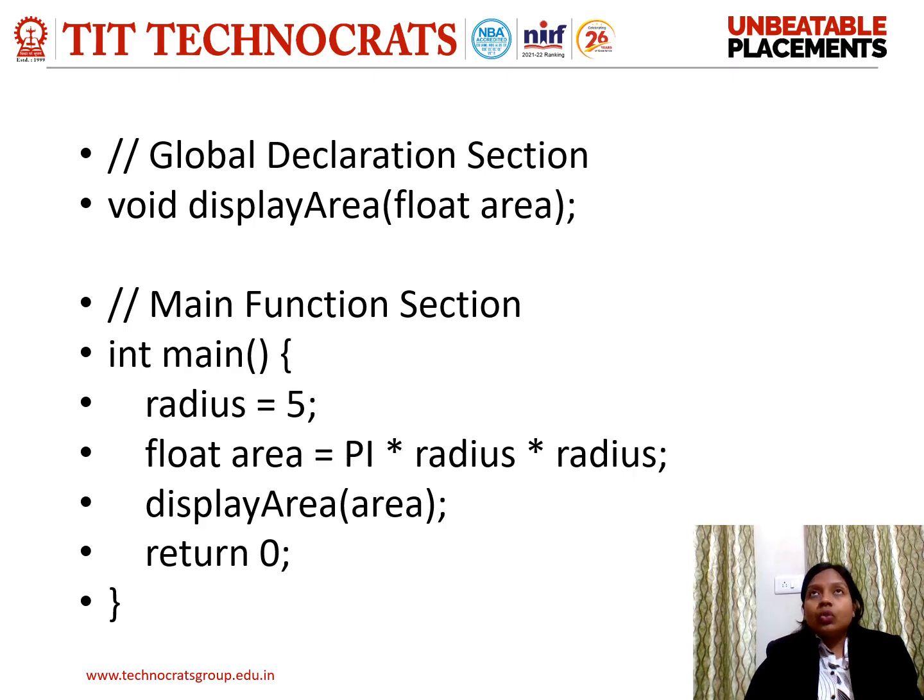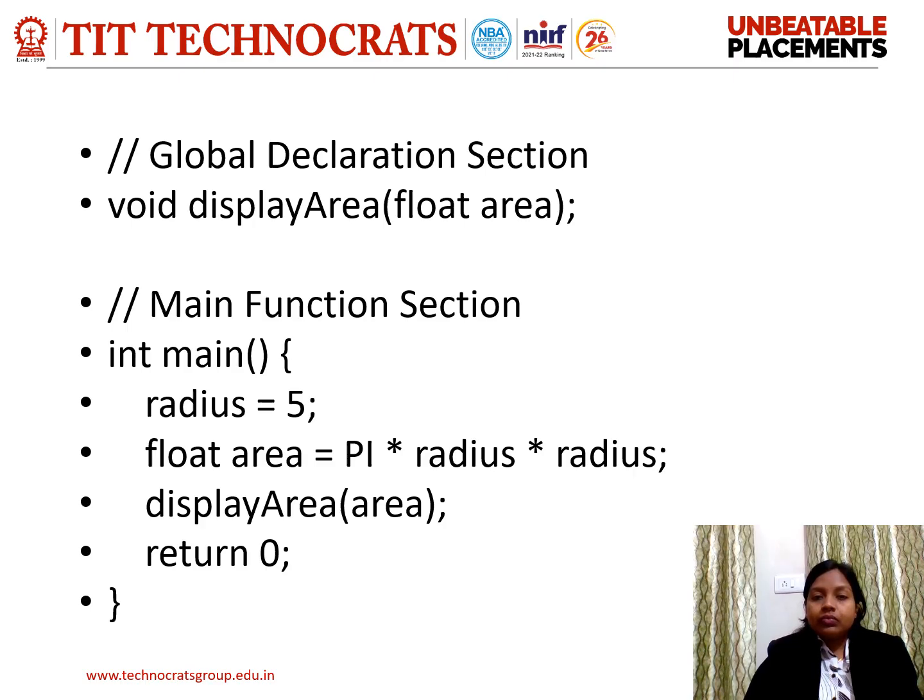Okay, so our program executes. When the program starts executing, the compiler searches for which section, which function? Control goes to the main function. Here we have made one variable, radius, and it stores 5.